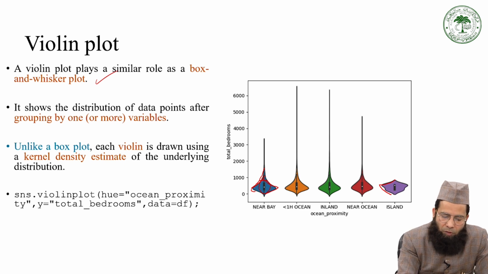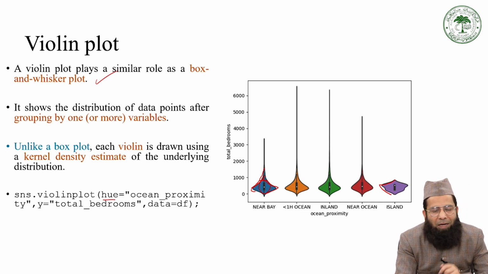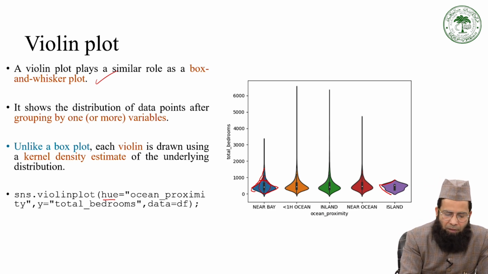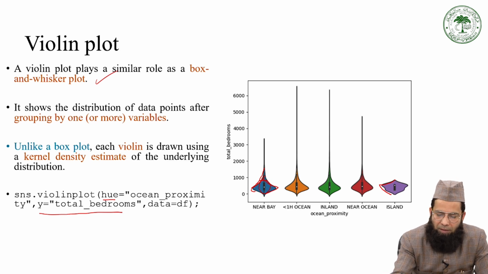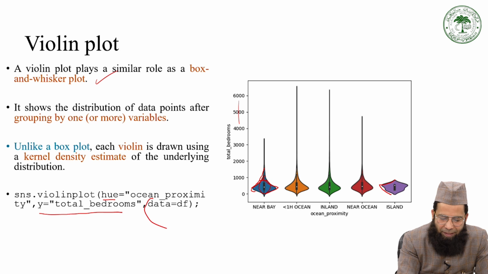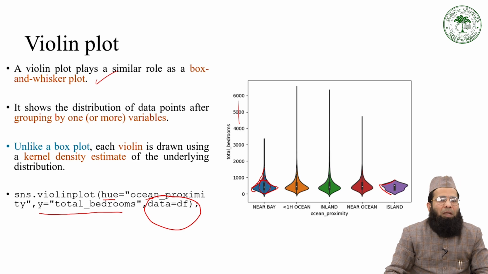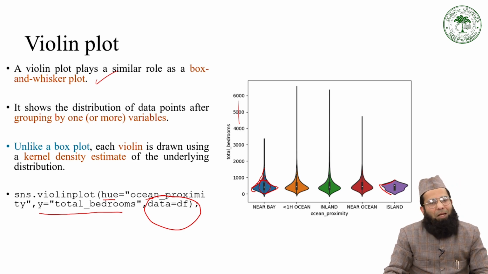Again, we'll use hue for grouping, for identifying the grouping feature, and then y as total bedrooms. The data says which data frame you are using, right? So I'm using df, which is my California housing prediction data set.